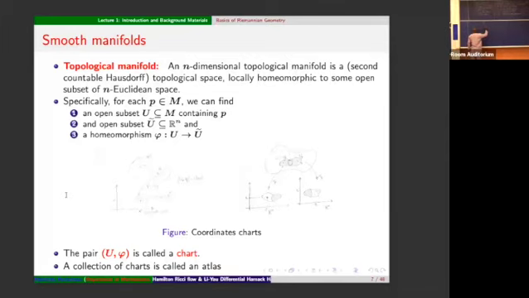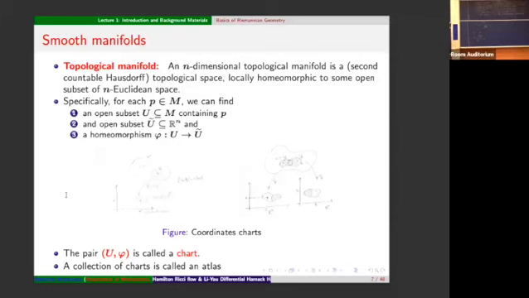You have a point P here, and a neighborhood, let's say this is U. Then there is a homeomorphism which takes it to an open subset of R2, so the point P appears here.